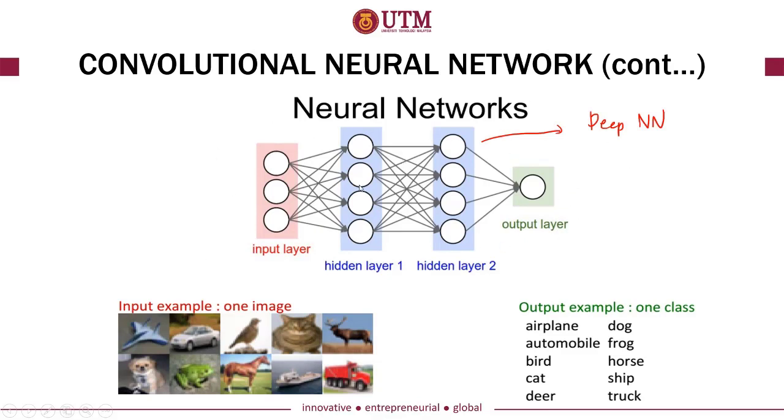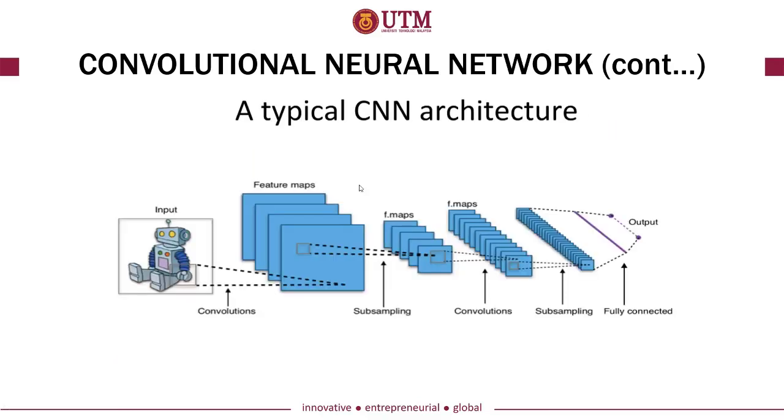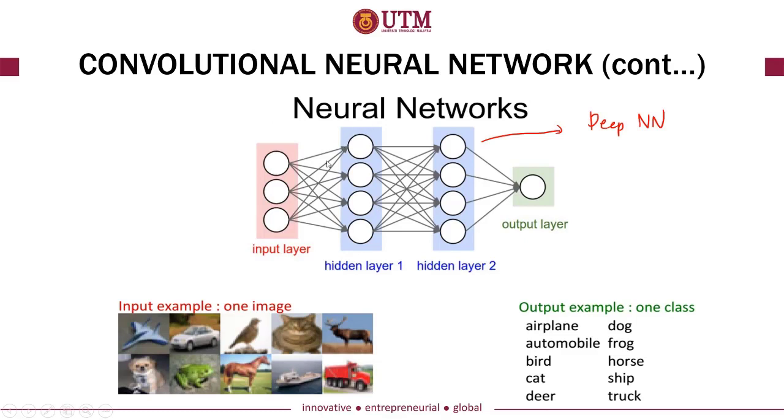The reason is that CNN is very popular for representing two-dimensional networks, as compared to this one, which is just a one-dimensional network. So in this course, when I introduce CNN, we will later see how to implement CNN on images, because CNN originally is a two-dimensional neural network, not a one-dimensional neural network.